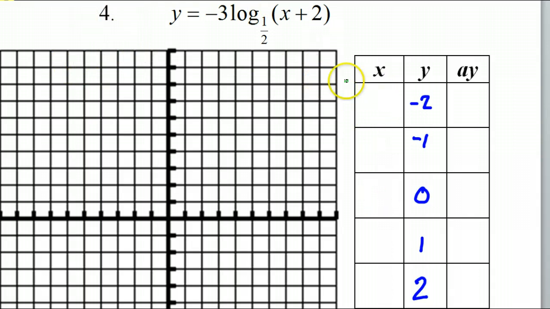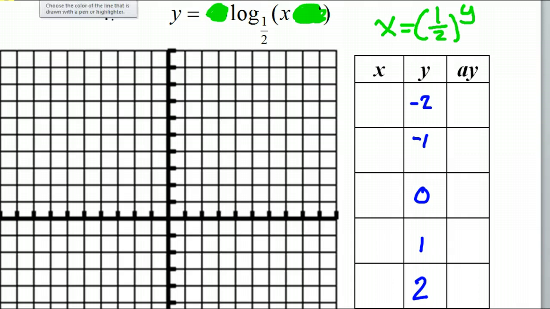Anyway, to get the x values, start off by ignoring the a value and any shifting that's happening, and rewrite this in exponent form, starting with the base. So I've got that base of 1/2, so that's 1/2 to the y power is equal to x, as these two switch sides of the equation. This is what I'm going to use to find all these x's.